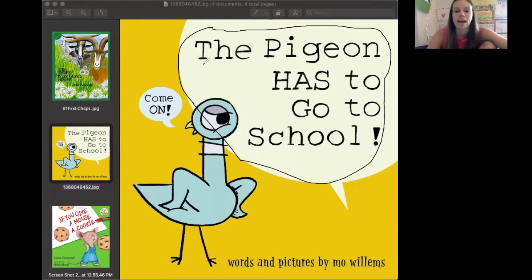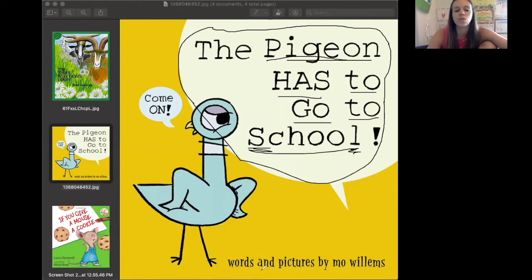Let's see if the letters match. The, sight word power, good. Pigeon. Does this word start with p? Yes, it does. The pigeon has to, yep, go, yep, sight word, to, school. Yeah, that matches. That's the title.